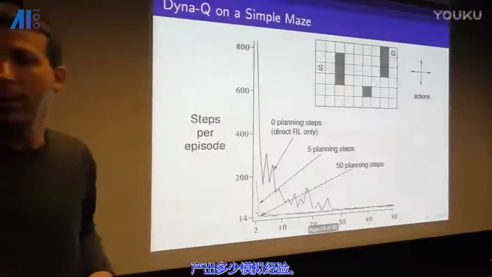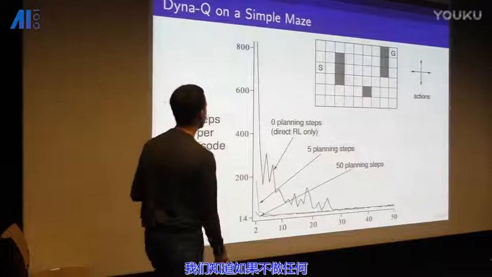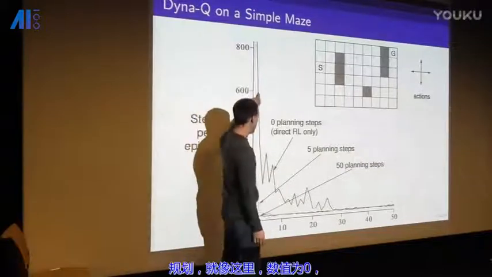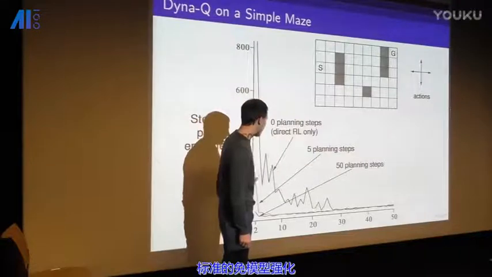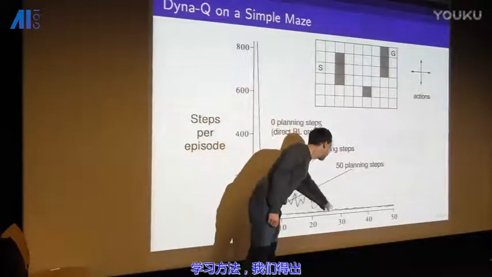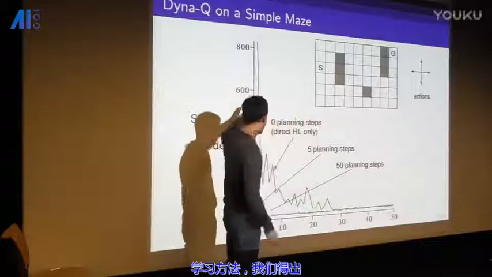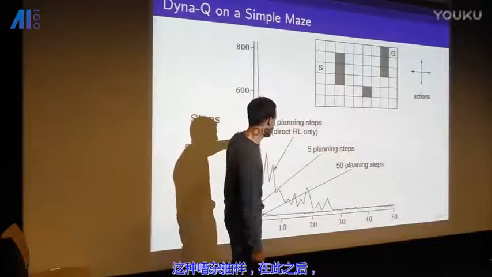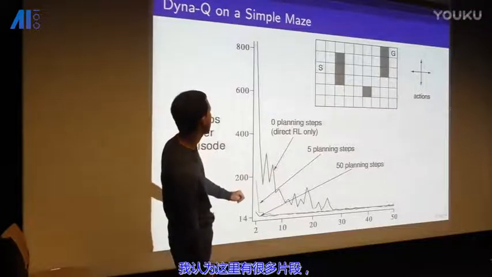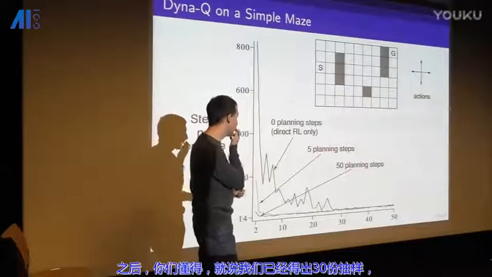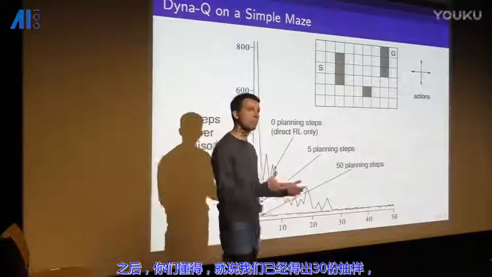And what we see is that if I don't do any planning, if n is 0, if I don't use any imagined experience, this is our standard model-free reinforcement learning approach down here. We get these kind of noisy samples, and after, I think this is the number of episodes down here, after say 30 episodes, we've figured it out.